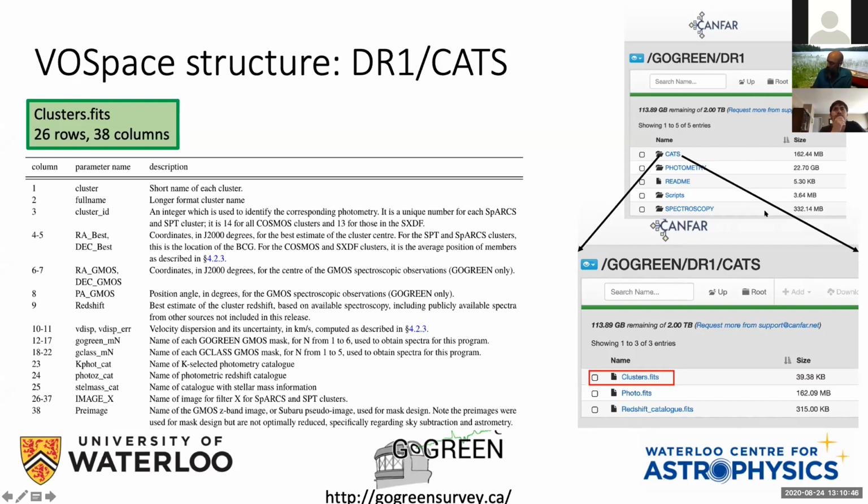There's a catalogs directory, CATS, that has three main files, and for the most part, this is what you're going to be interested in. There's a 26-row file that contains information about each individual cluster in the GoGreen and G-Class system, its position, velocity dispersion, redshift, and also some pointers to where you can find the associated catalogs.